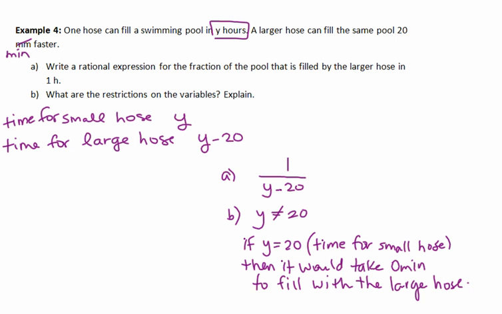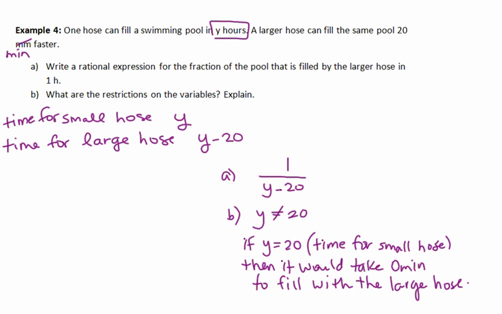Okay. What are the restrictions? That's a non-permissible value. Is there any restriction on our domain? So we said it can't be 20. Could it be 10? Because the larger hose always takes 20 minutes less. So can it be less than 20? No, because then you'd have negative time for the other hose, and you can't have negative time.